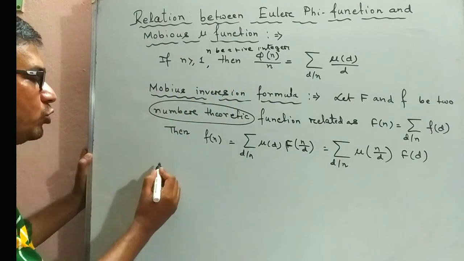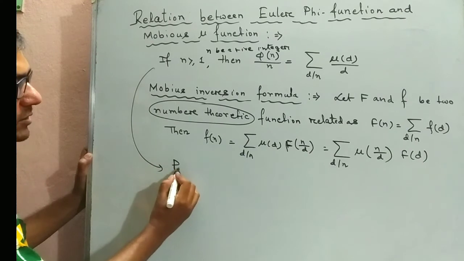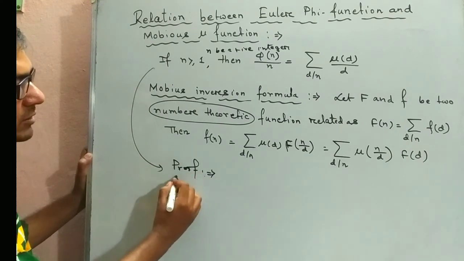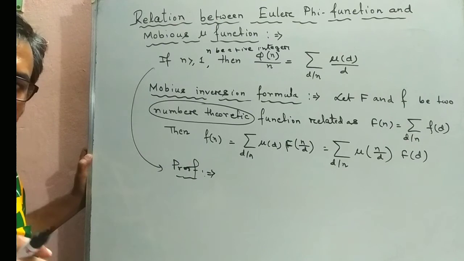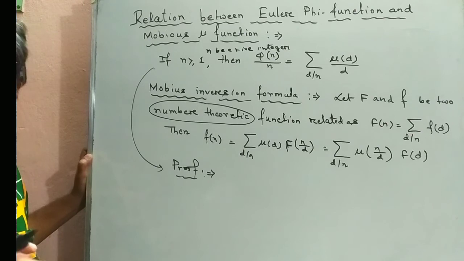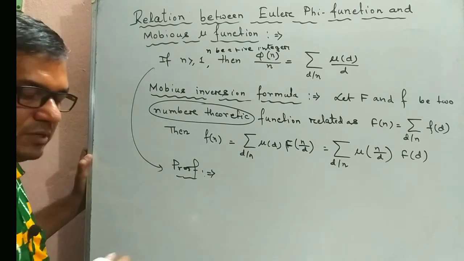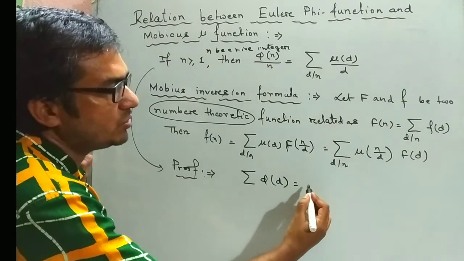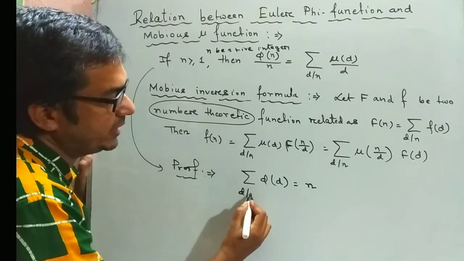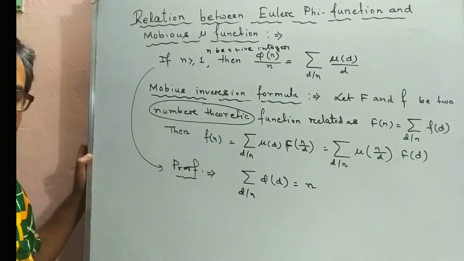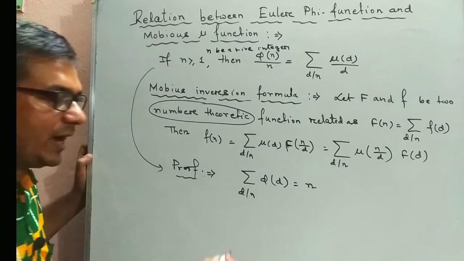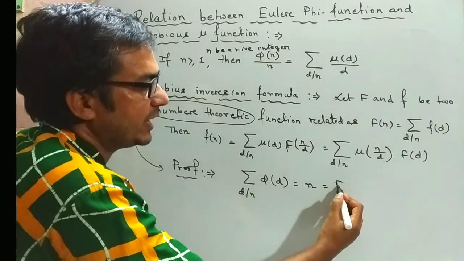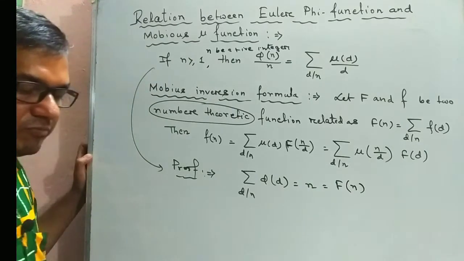Now let us go to the proof of the property. We already saw in the previous class that the summation of phi of d is equal to n, where d runs over the positive divisors of n, and we take this n as capital F of n.